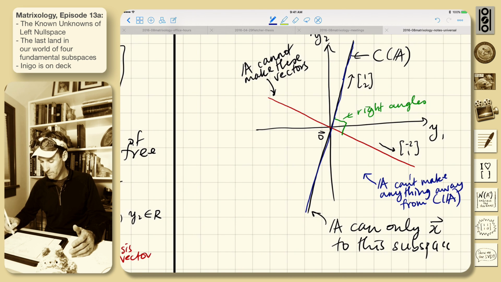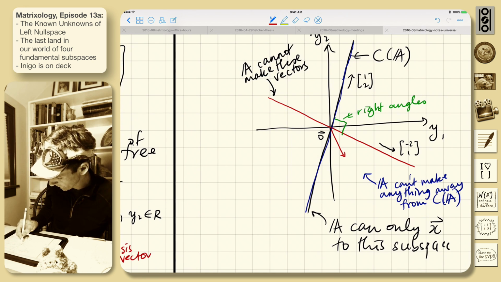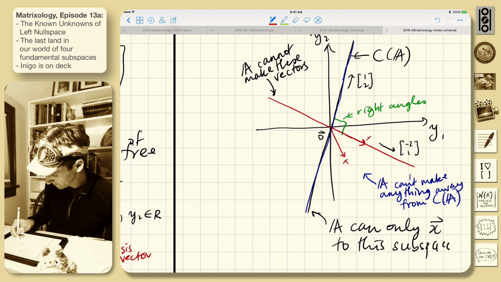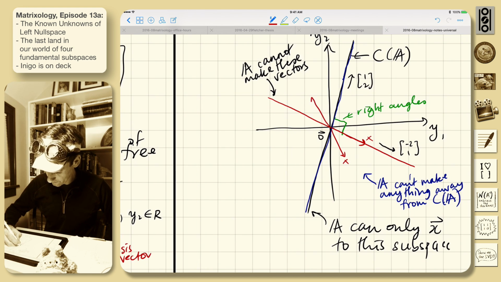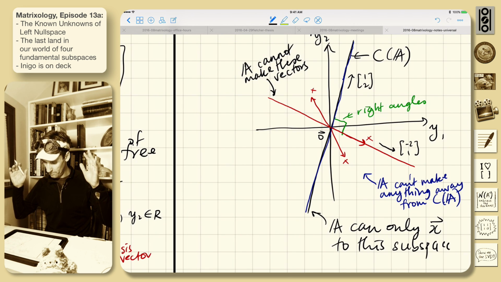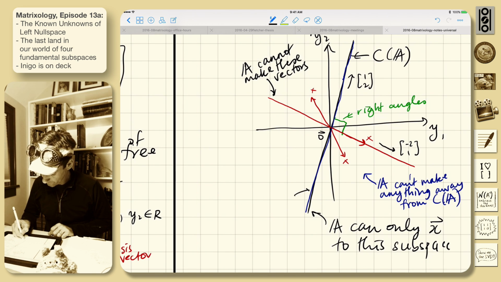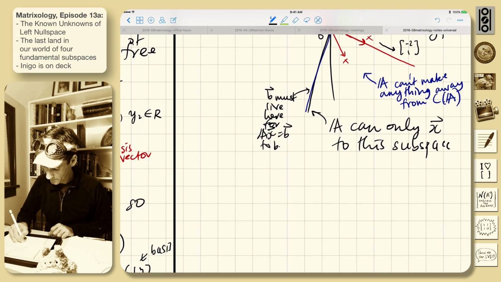So it's not just this red line, it's any point out here. So there are no solutions if b lives out here. So b must live here for a solution. For Ax equals b to be solvable, and we'll come back to this example again.